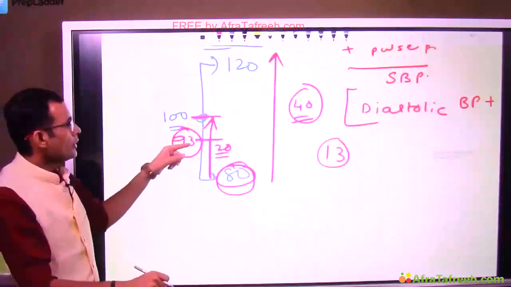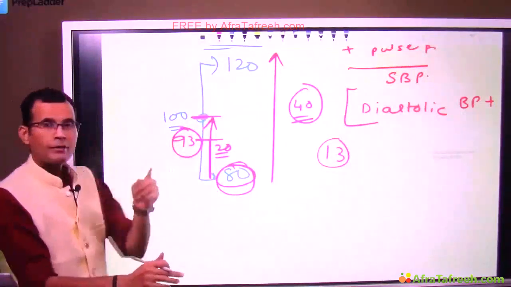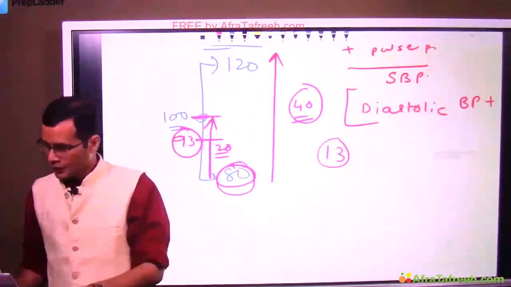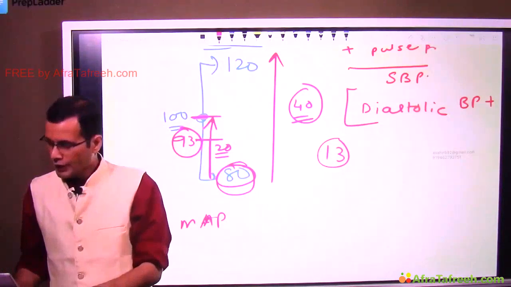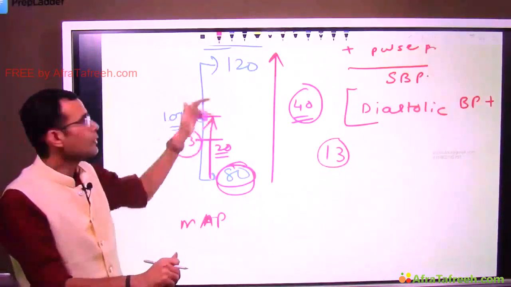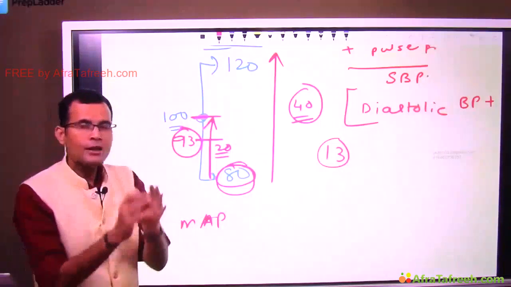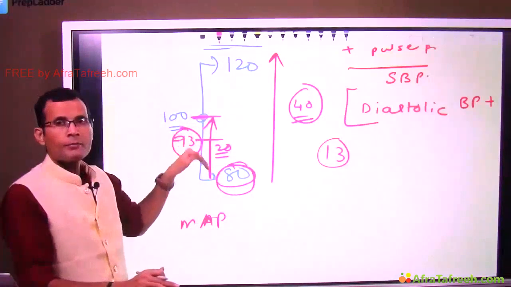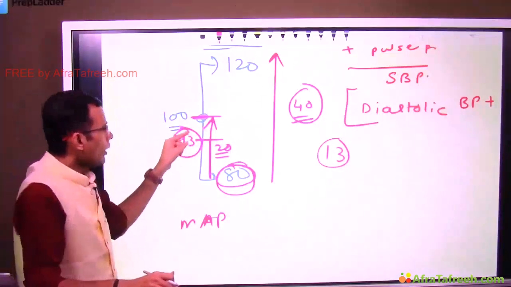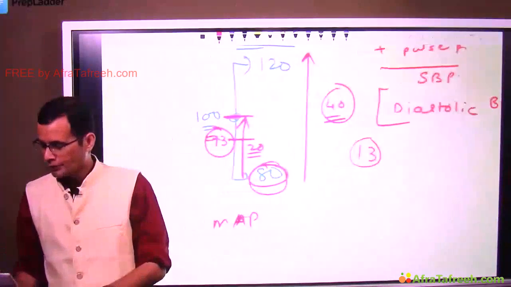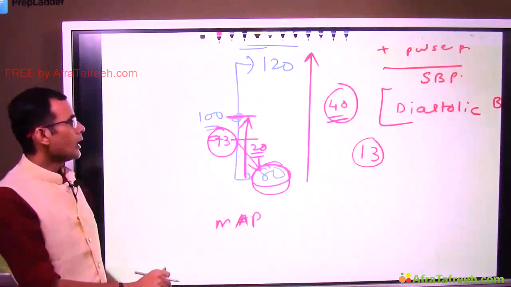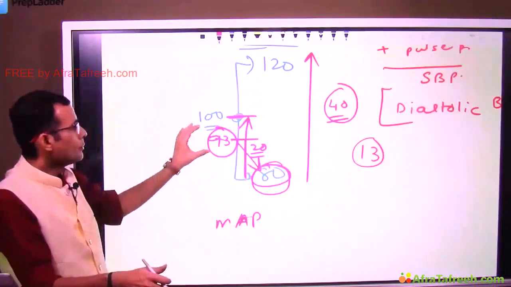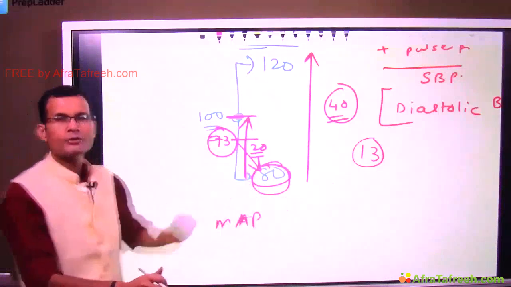Look, our formula is saying, and mark these words now, our formula is saying that the mean arterial pressure is not the exact equidistant between the systolic and diastolic blood pressure. Mean arterial pressure is not the arithmetic mean, it's not the exact halfway mark, but it is slightly closer to the diastolic blood pressure. 100 would have been equidistant, arithmetic average, but our formula is saying that mean arterial pressure is slightly closer to the diastolic blood pressure.